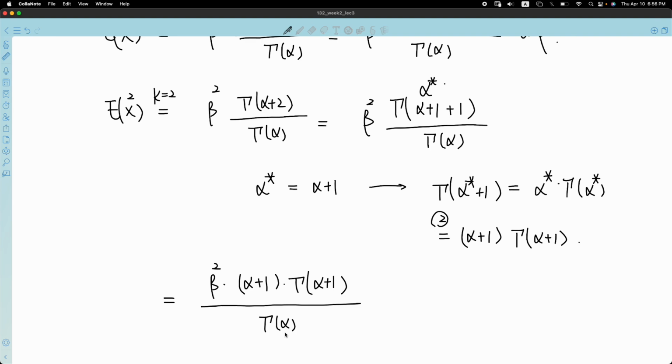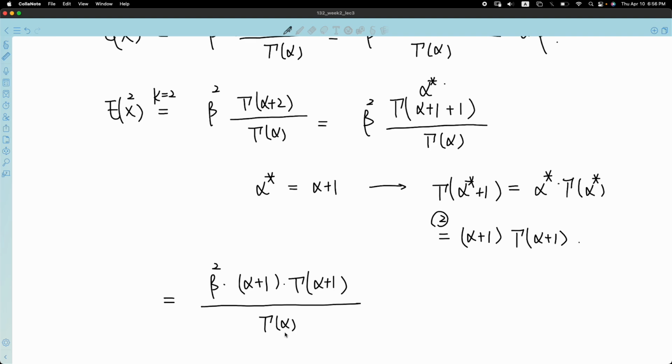Alpha star is equal to alpha plus 1. Gotcha. Then I apply the second rule that I mentioned above. I want to evaluate the second moment, so I plug in k equal to 2 and get this. I call this alpha star, and I know the gamma of alpha star equals that, and that reduces to this. Just a change of notation.